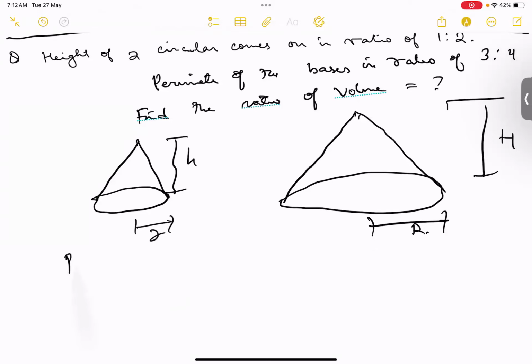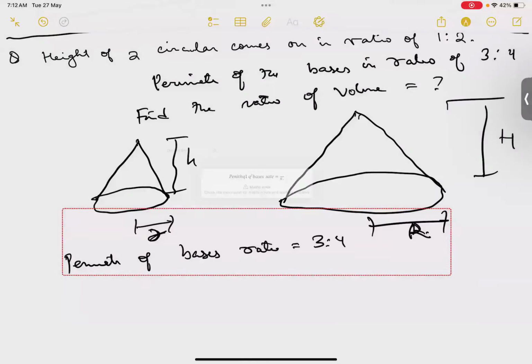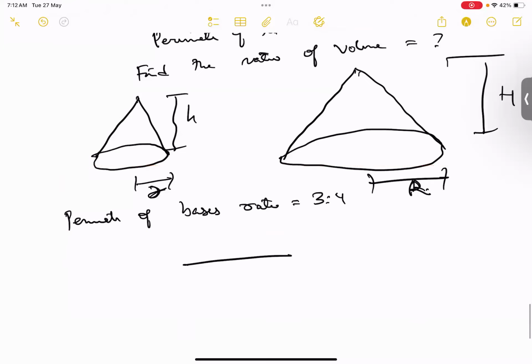Now, perimeter of bases ratio is 3:4. Suppose we take the radius of the small cone as r and the radius of the big cone as R. Perimeter of the base, because the base is circular, means circumference of the small circle by circumference of the big circle is equal to 3/4.